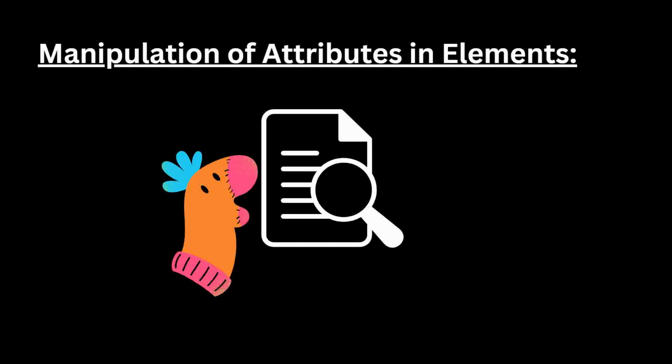Like we have written Google in our DOM, but what if I told you that it won't take you to Google but to our Coding for All YouTube channel? Don't you believe me? Let me show you how.